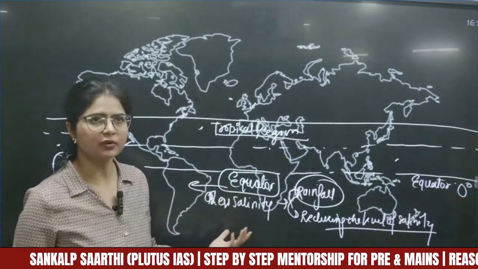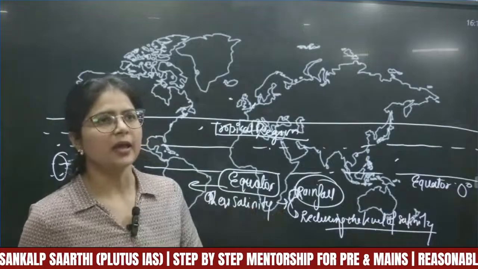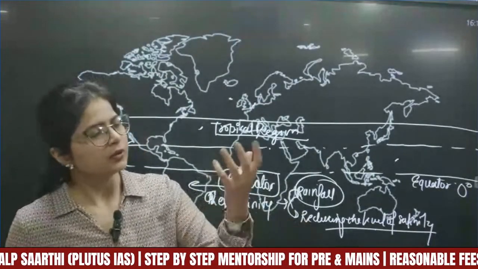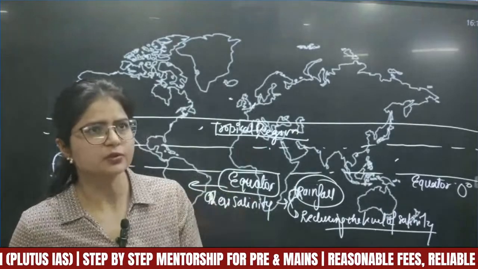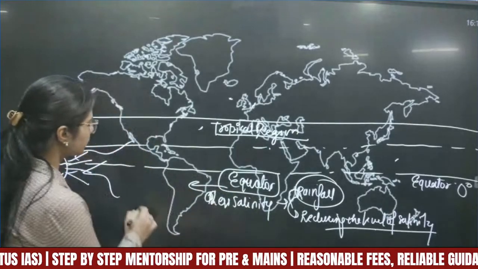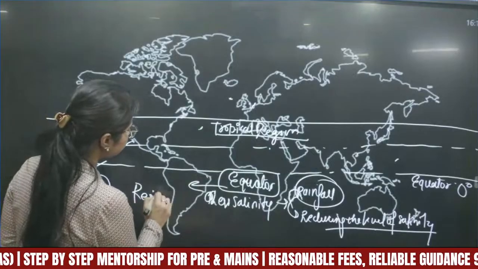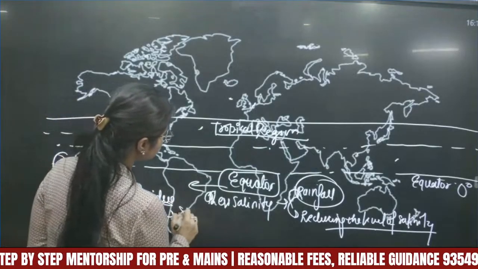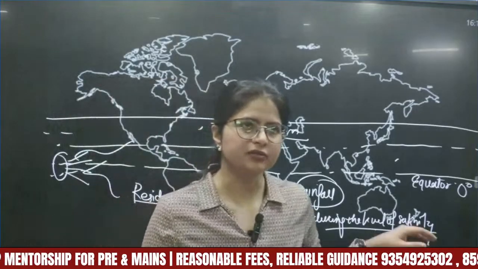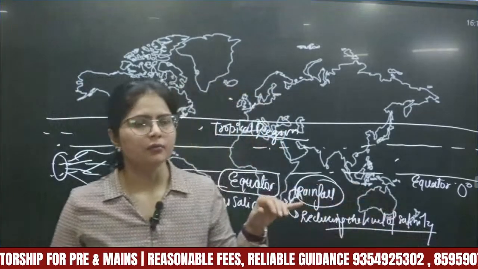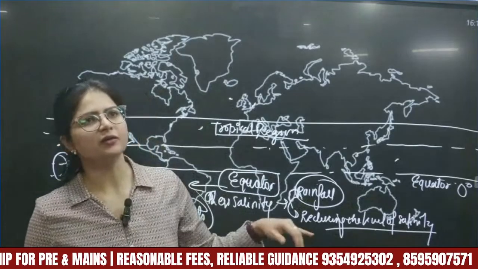Evaporation is what? Simply your water vapors will be formed, and since the water vapor is formed, what will be left? What is the residue after that? Residue will be your salts. Your salts will remain there, right? Your salts will remain, and salts will increase the level of salinity in the water body.